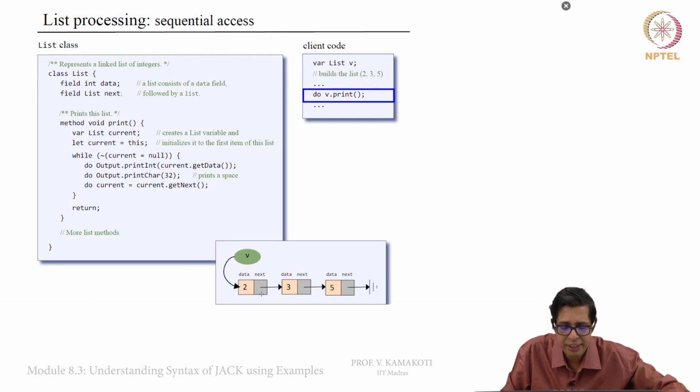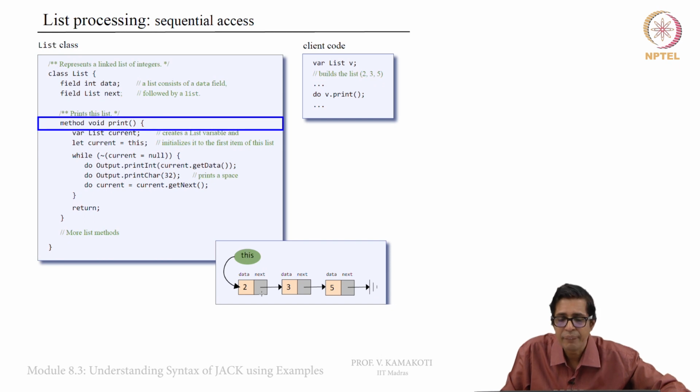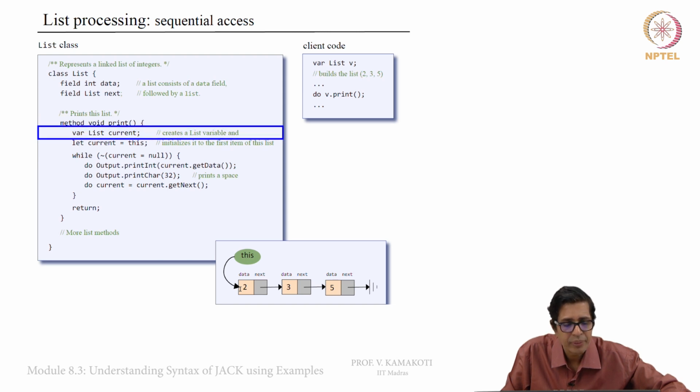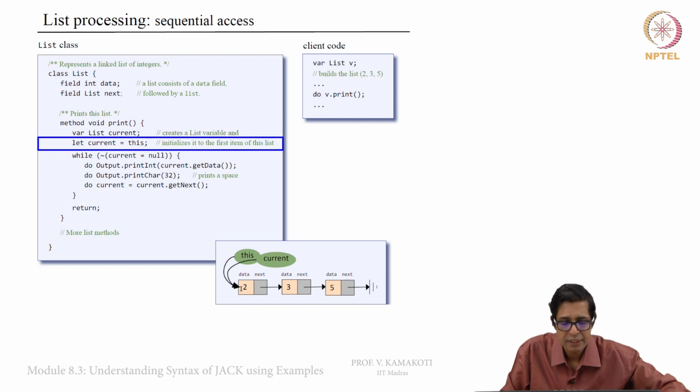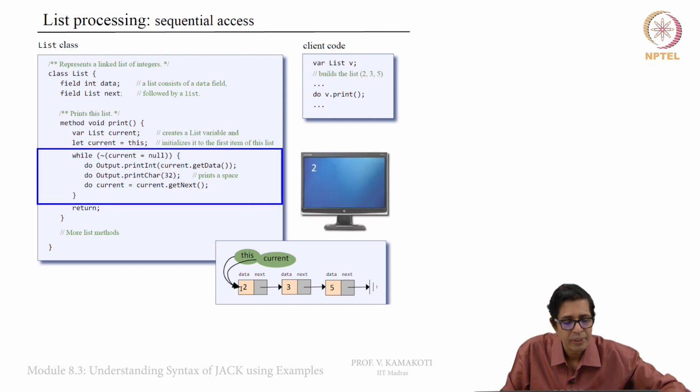Current and V are the same, so now current is this. While current is not equal to null: current is pointing to something here, so we just print current dot data.